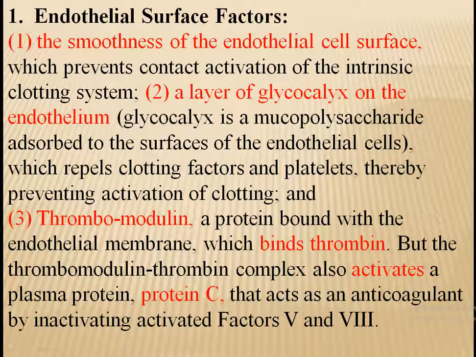And thirdly, thrombomodulin binds thrombin, which activates protein C. Actually, this acts as an anticoagulant by inactivating activated factors 5 and 8. So it inactivates these factors and acts as an anticoagulant.